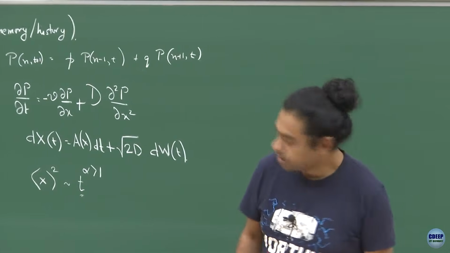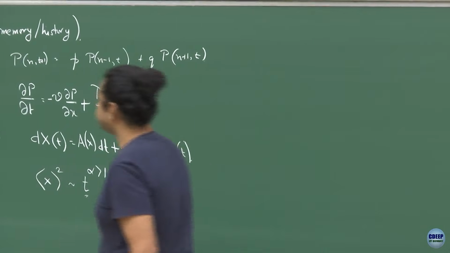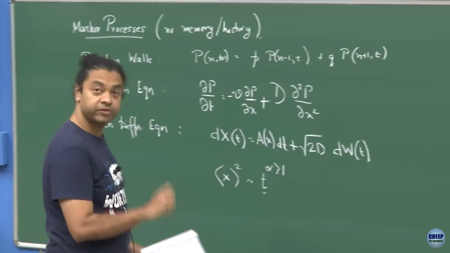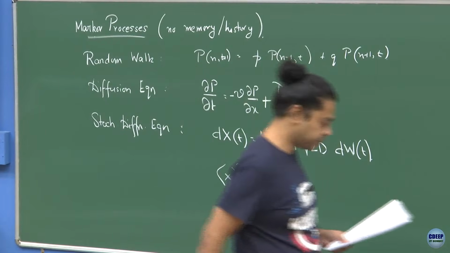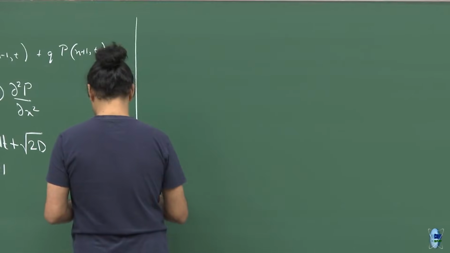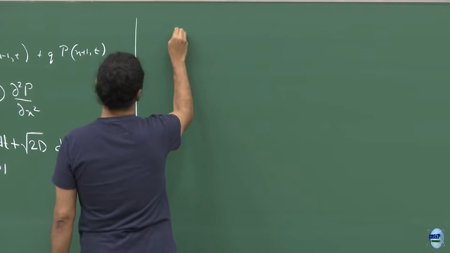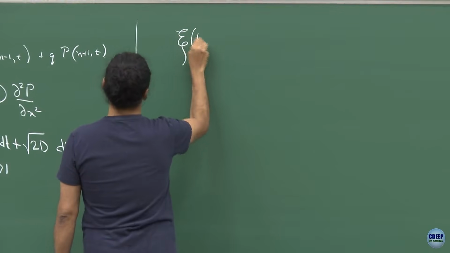But today I will talk therefore of general Markov processes, where you still do not have memory, just a single step memory. So, here is my basic variable psi of t.